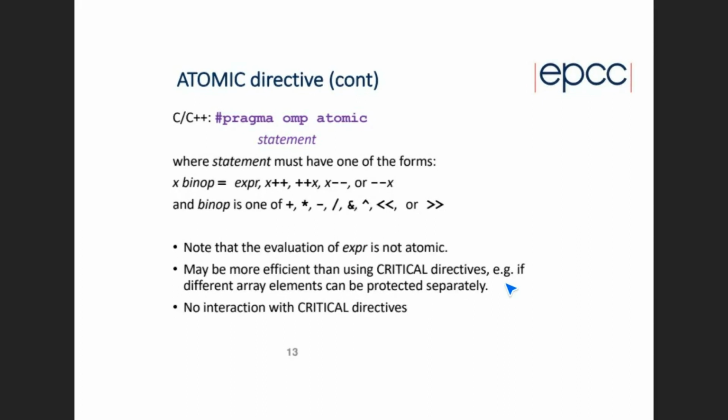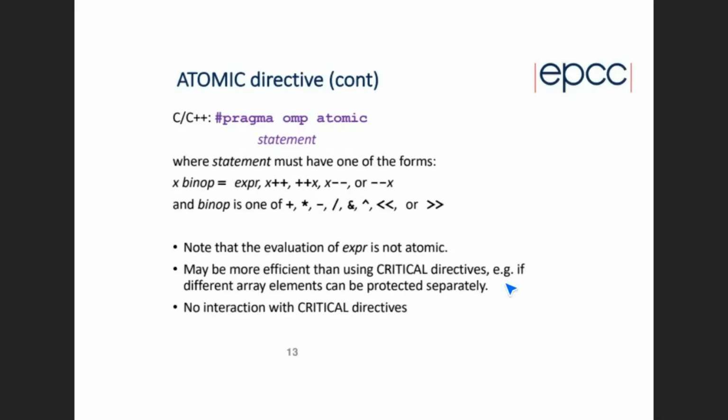So that means it can be more efficient than using critical. If the thing on the left-hand side is an array element, then different array elements can be protected separately. If I use critical, then even though the array elements on the left-hand side may be different elements of the array, the threads still have to wait their turn.